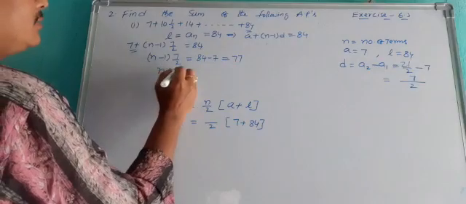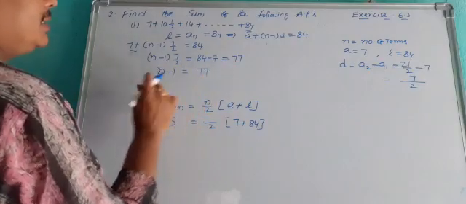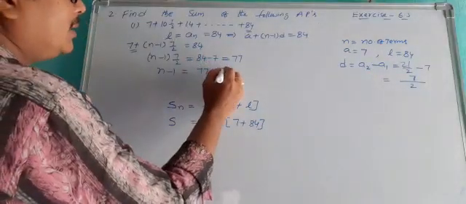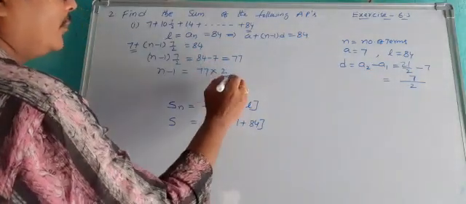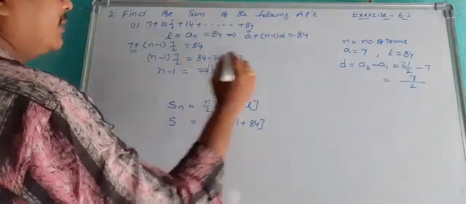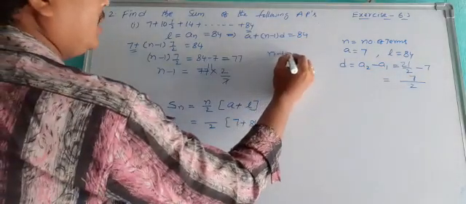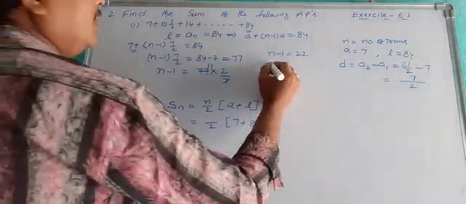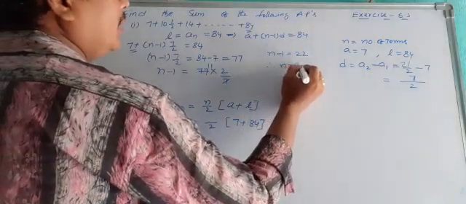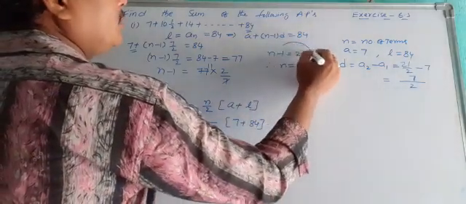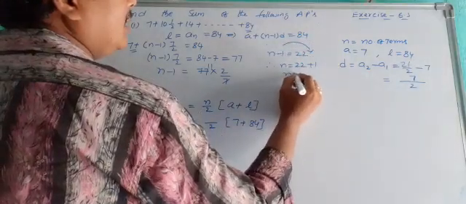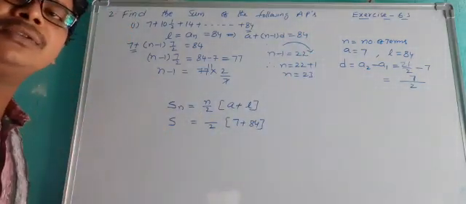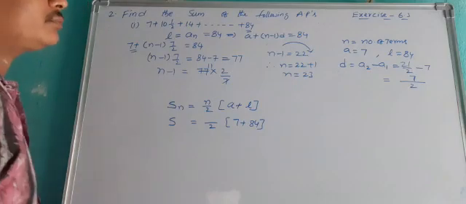So n minus 1 into 7 by 2 equals 77. On transposition of 7 by 2, you write its reciprocal. 7 elevens are 77, so n minus 1 equals 22 divided by 2, 11 twos are 22. So n minus 1 equals 22, therefore n equals 22 plus 1 on transposition, that equals 23.